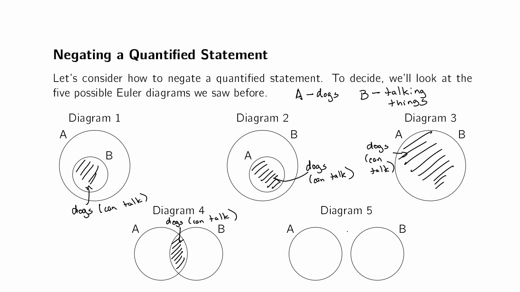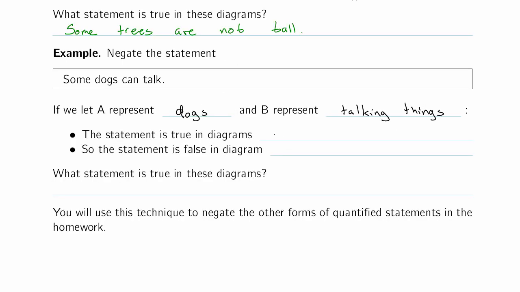But in this diagram, we don't have any talking dogs. Some dogs can talk is true in almost all of the diagrams. Some dogs can talk is true in all of diagrams 1, 2, 3, and 4. And that's why we had to include those weird cases. The statement is only false in diagram 5.